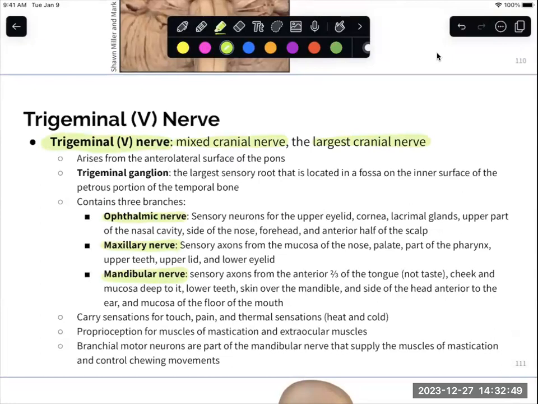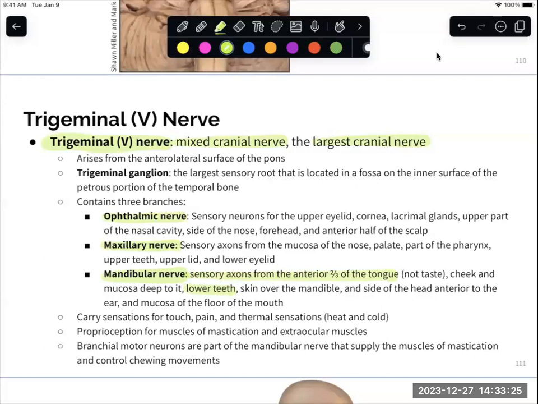This mandibular branch, for those of you wanting to go into dental hygiene, your lower teeth are innervated by that mandibular branch of the trigeminal nerve. It's also going to do sensory for the tongue, not taste, but being able to feel something on your tongue. That's trigeminal.